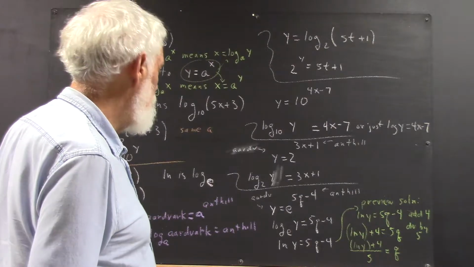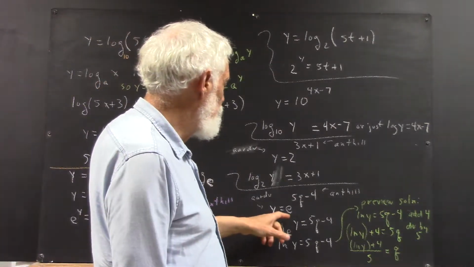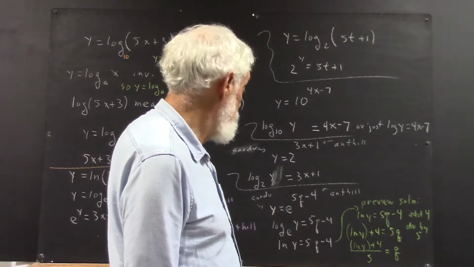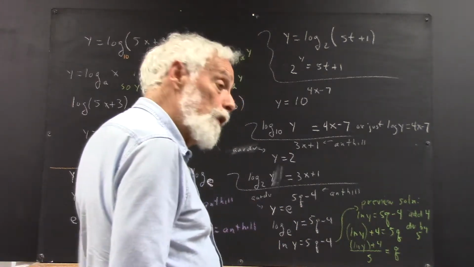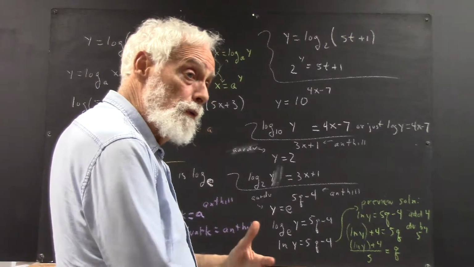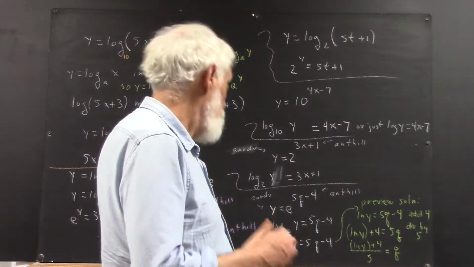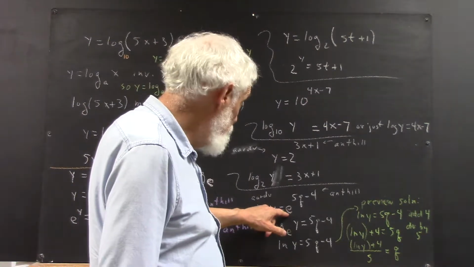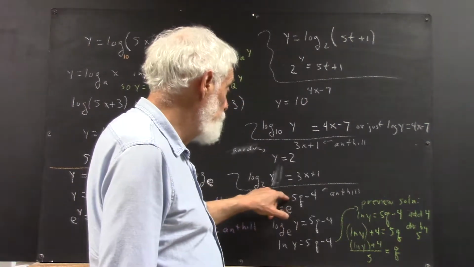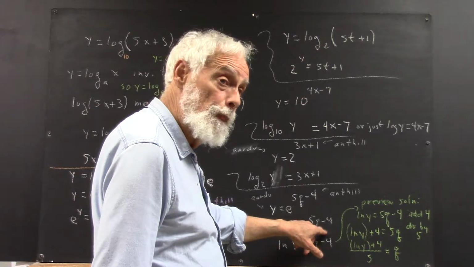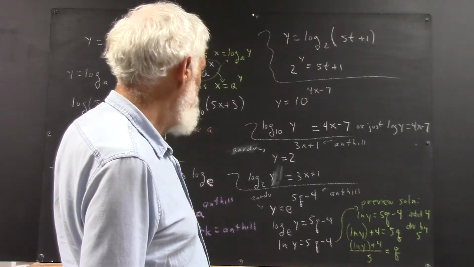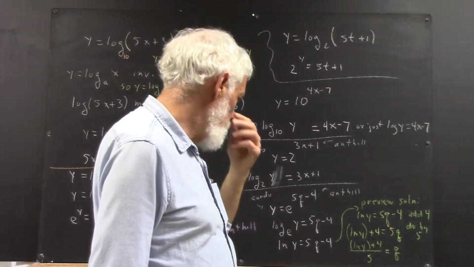Now, suppose we have y equals e to the 5q minus 4. And we want to solve for q. Just giving you a little preview. How do we solve for q? Well, we can express this in terms of the log function. Log base e of y equals 5q minus 4. We turn this around to the logarithmic notation. And now we can, if we wish, solve this, okay?